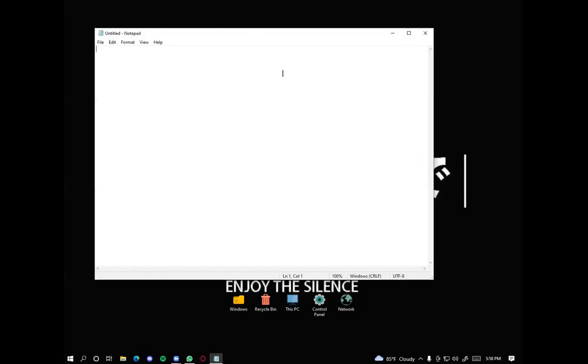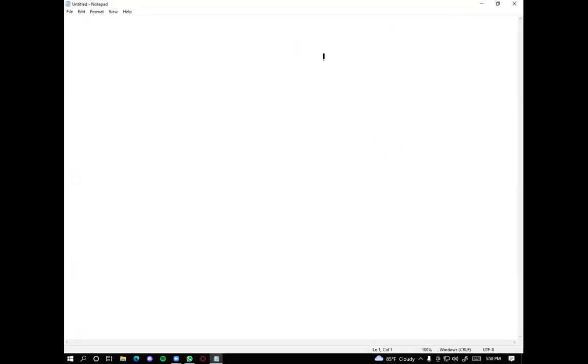Okay, let's say we need to show red color in a web page. First of all, we need to identify there are three basic colors. The first one is red, the second one is green, and the third one is blue.